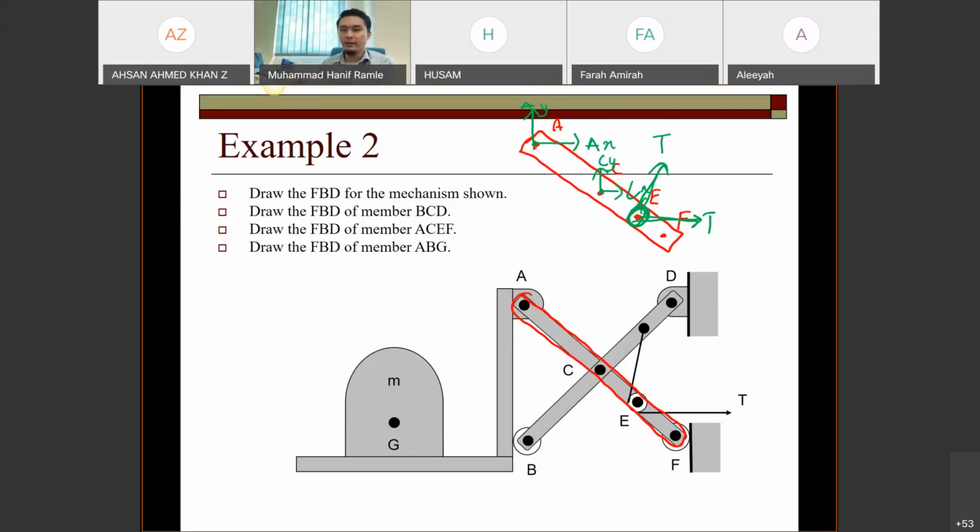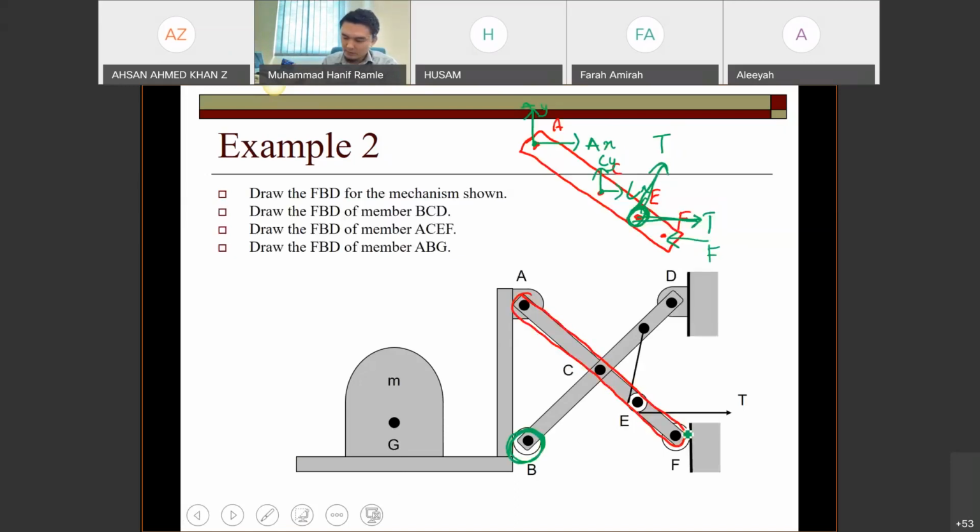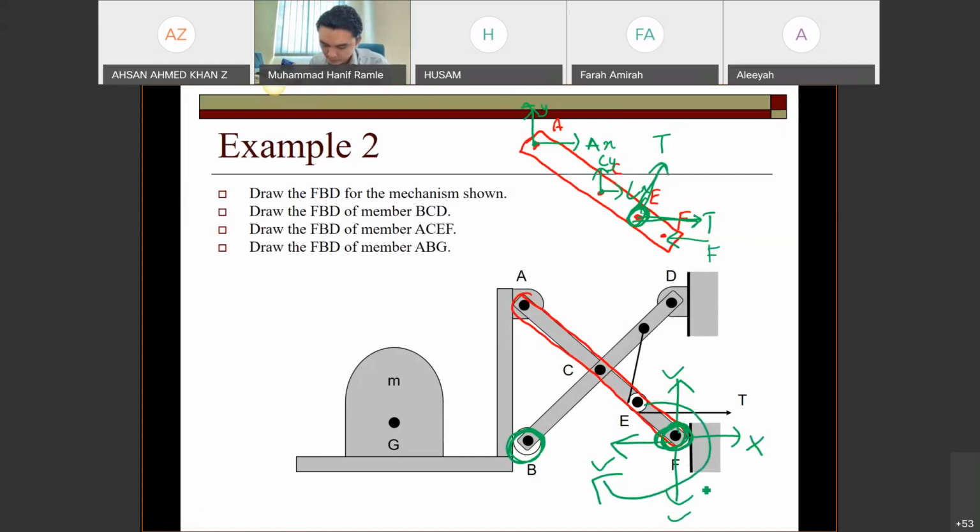The answer is 2, because this one is a pulley and cable, so there are two reactions. We put T and T there. And another one, F, which is only a roller there, same as B just now, only a single reaction. This roller can go up, can go left, can go down, but cannot go right, and it can also rotate.